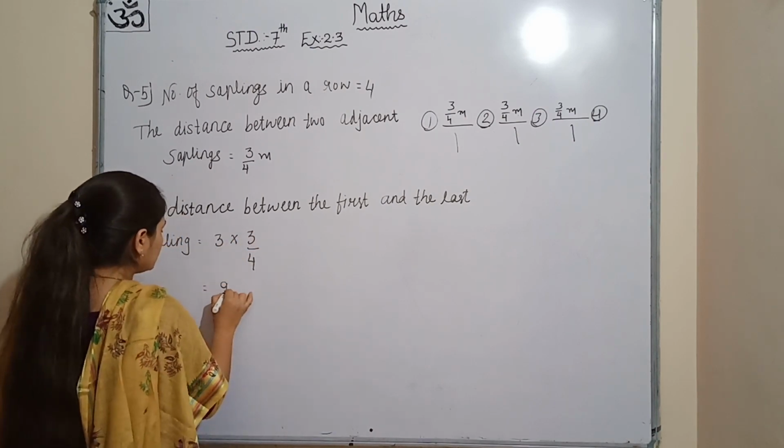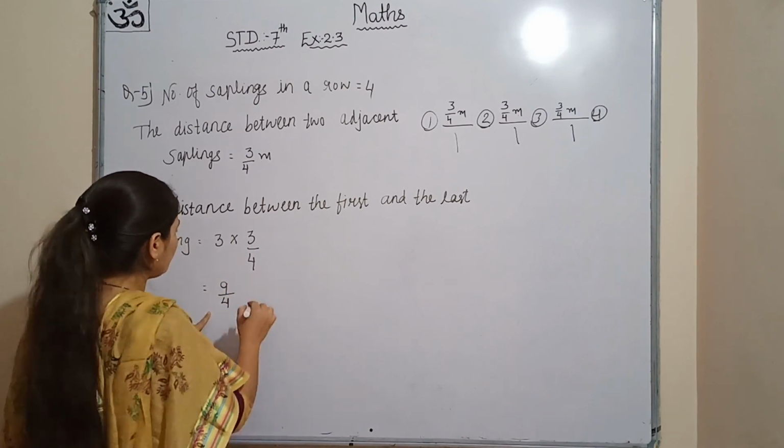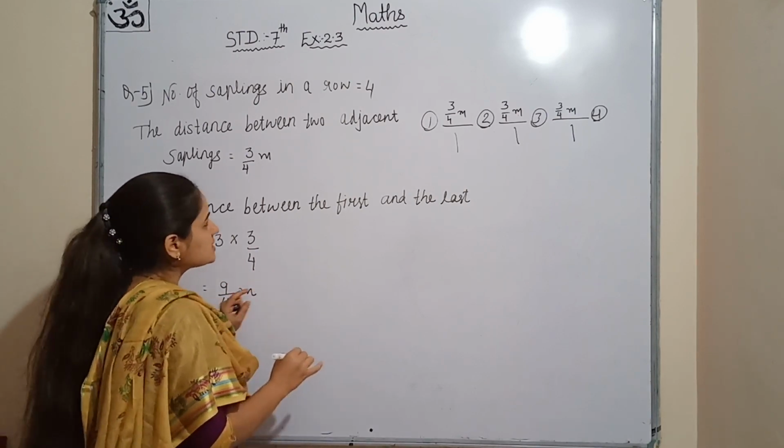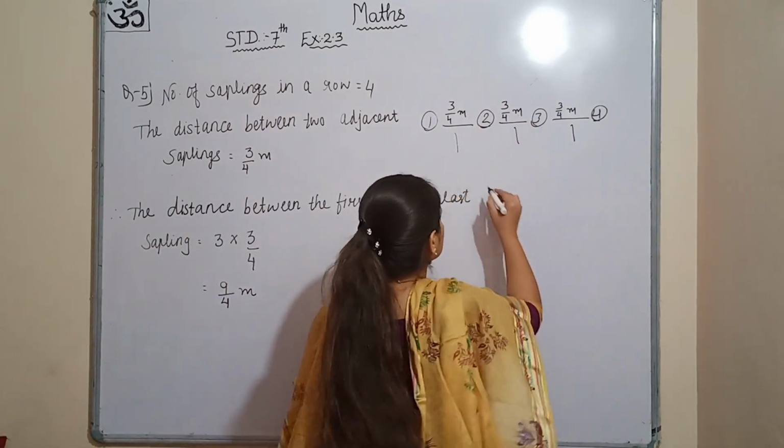Three threes are 9 upon 4. This 9 upon 4 meters is the distance between the first and the last sapling.